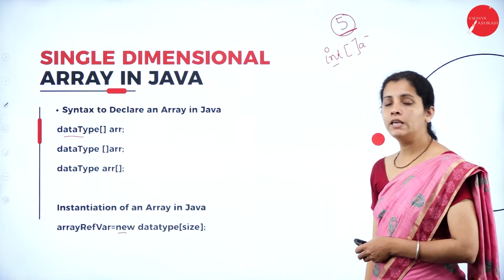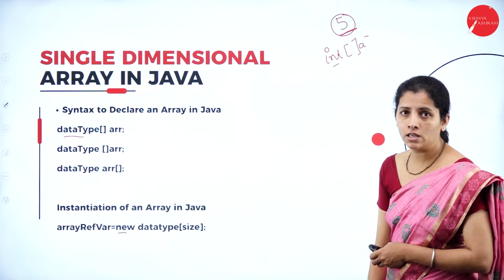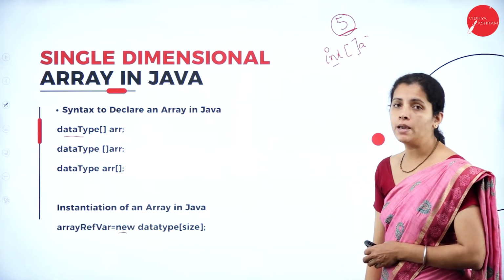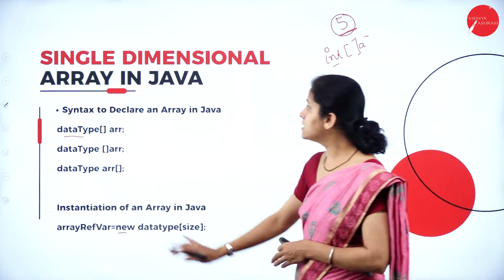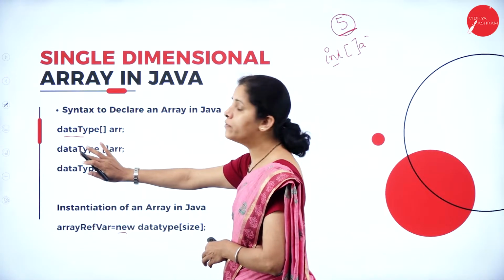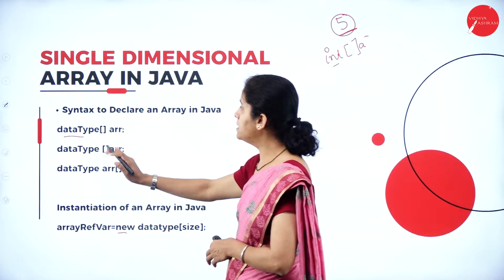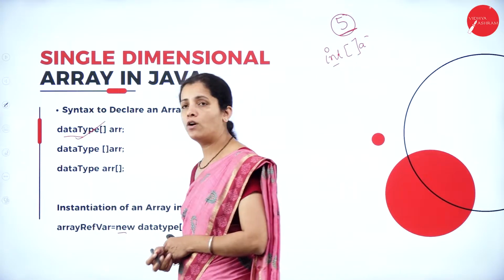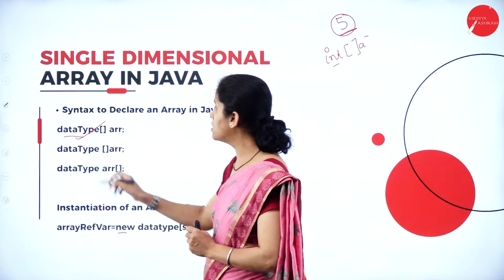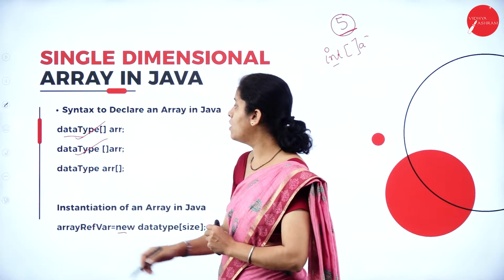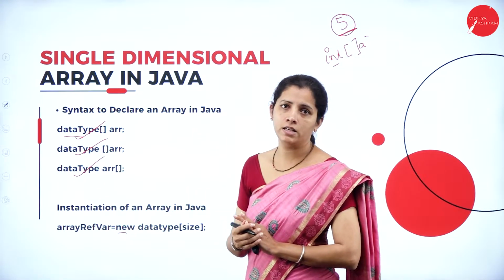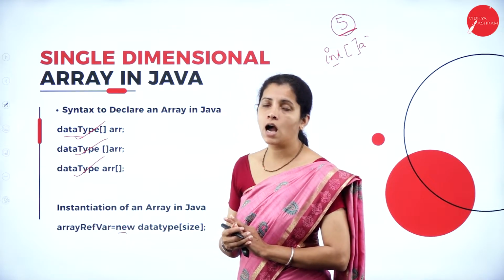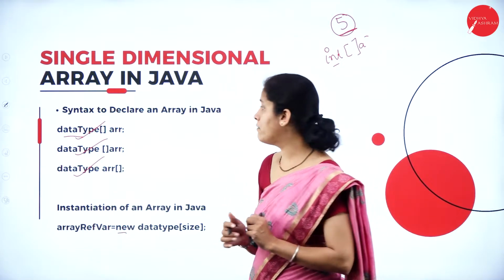That means with the help of the new operator, I'm going to allocate the memory. So these are certain types of array declaration. That means I can go with this kind of array representation or that kind, and all three are valid in Java.